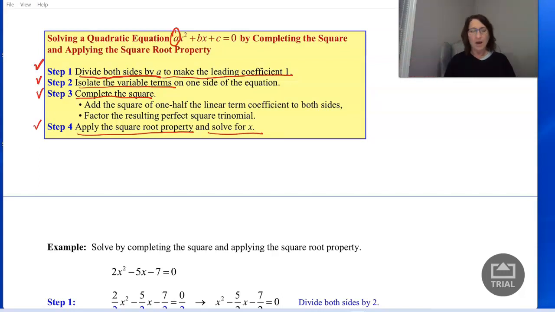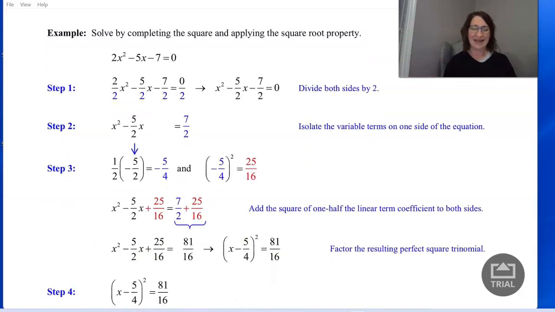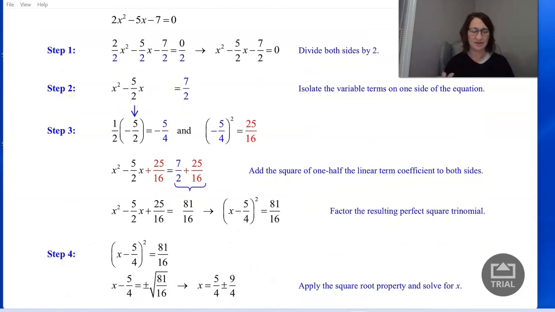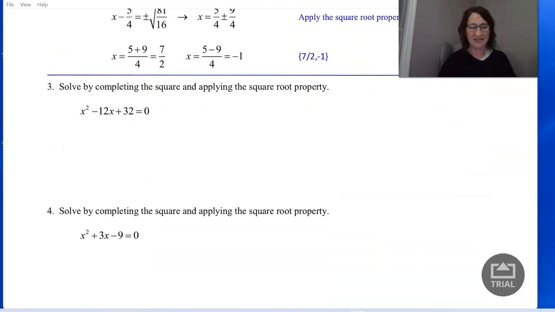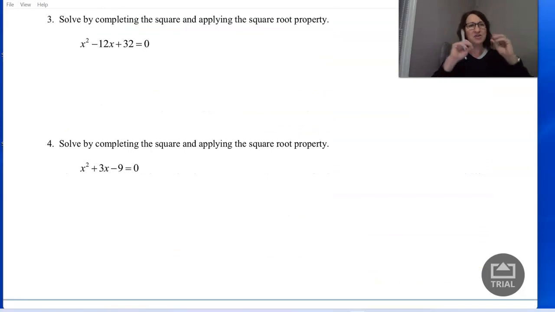Pretty cool. Okay, this example that we have here, I think it gets a little messy. Clearly you've got it there that you can go over in detail, but I'm going to jump into problem number 3 and just work through this so that you can see the steps.